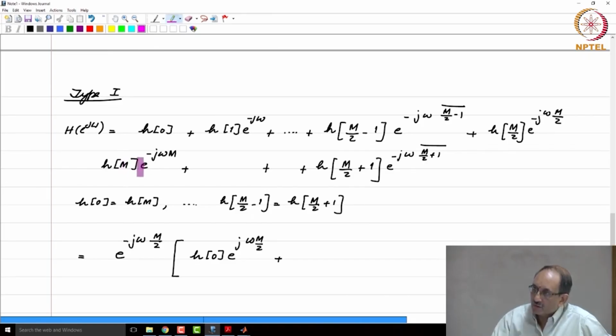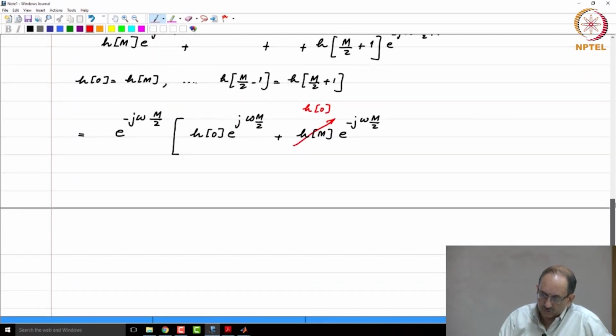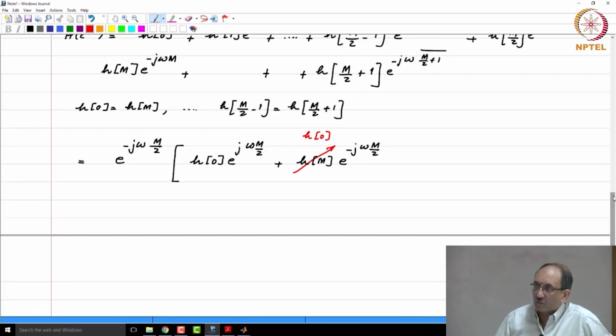If you focus on the last term, this is h of M times e to the minus j omega M by 2, but this is the same as h of 0. So, this is the kind of pattern that is going to emerge.